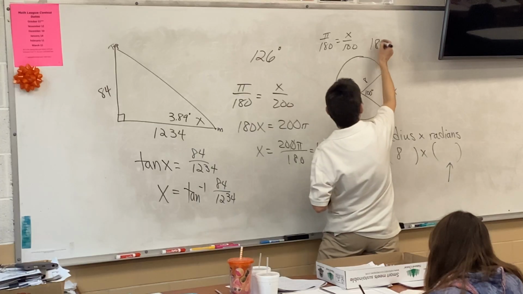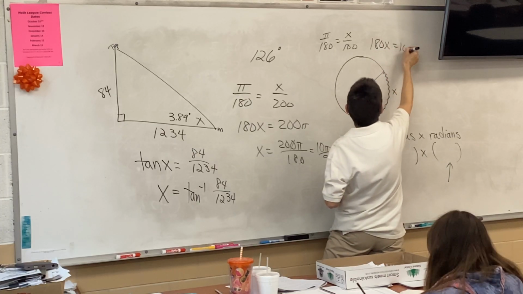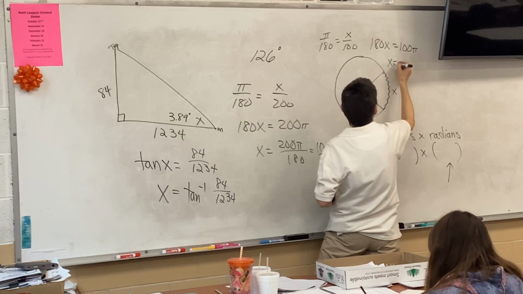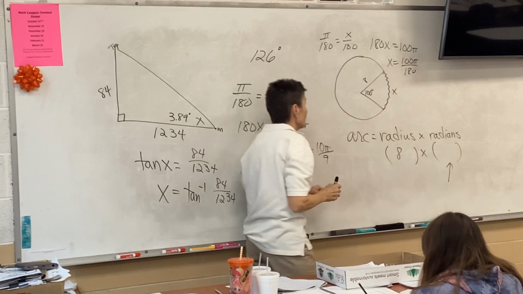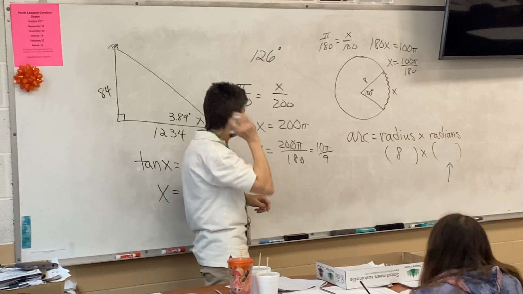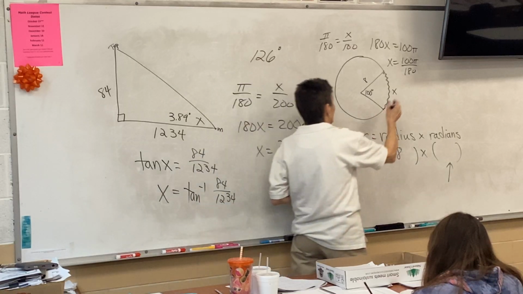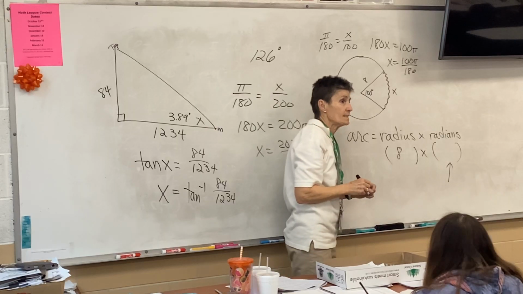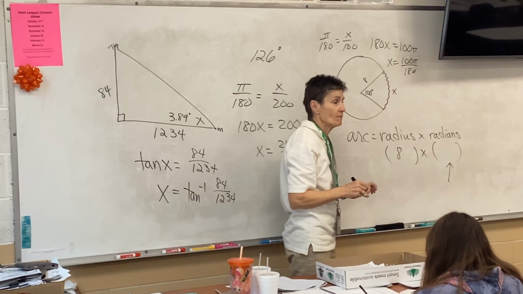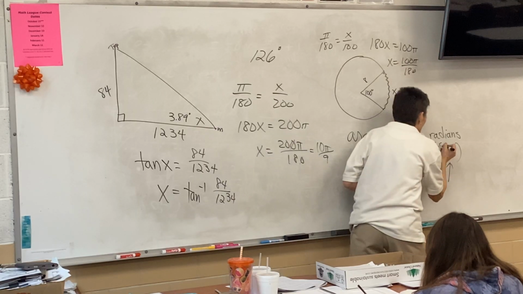So 180x equals 100 pi. So what is 100 over 180? 10 over 18, which is 5 over 9.